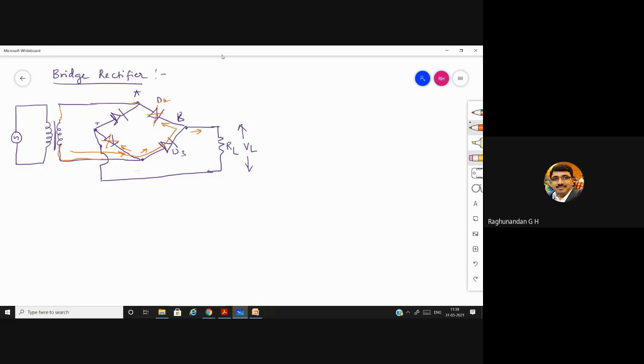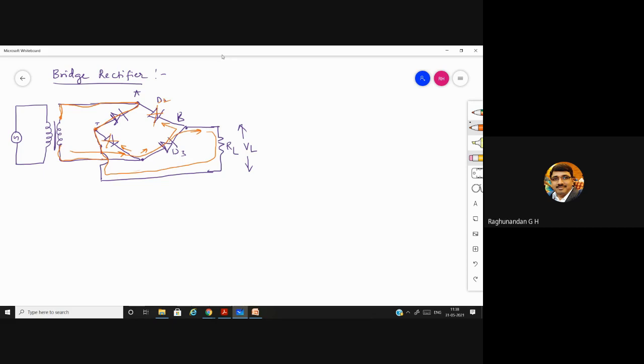So the only allowed path is this one. The current is going to flow through this load resistance, and it will come back through this wire and come over here. And again, since it is already reverse biased, the current will not flow here. So the current will flow through this diode D1, and it will come back to the other terminal of the secondary of the transformer.